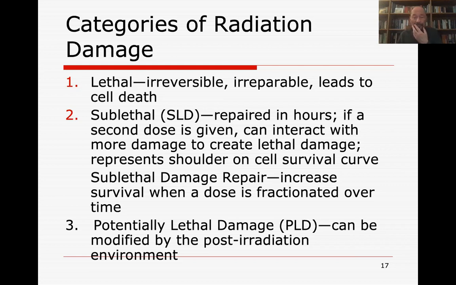There is a third type of damage, which is called potentially lethal damage. This is not strictly related to the alpha-beta model. It only means that if you change the environment, you can modify the lethality of some lesions.